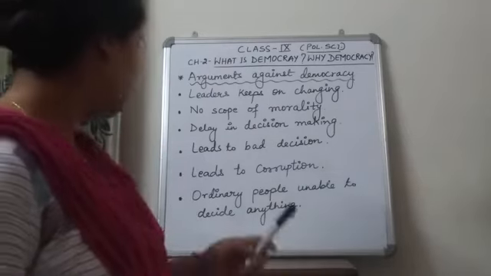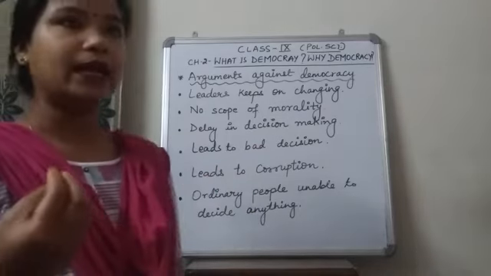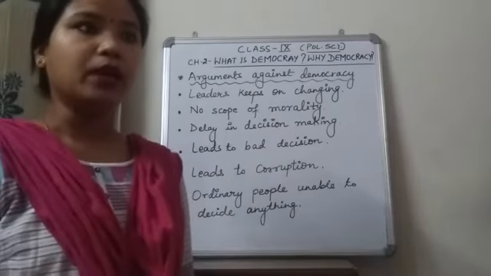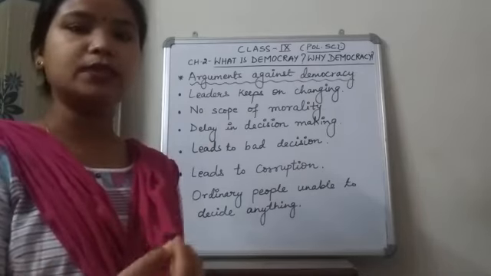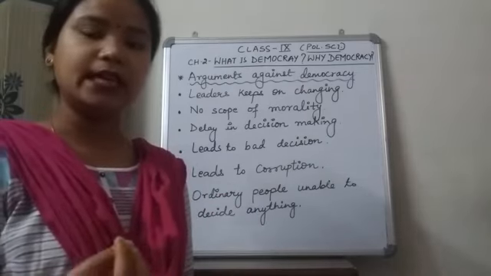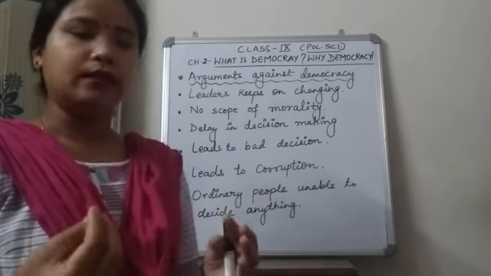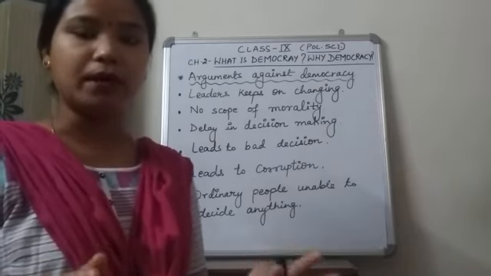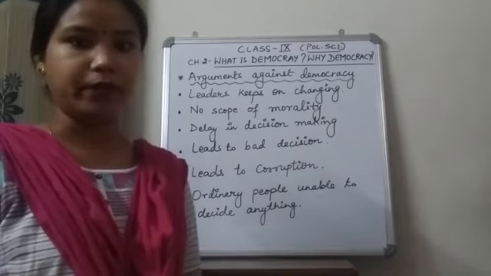Now the third point says that there is delay in decision making. We all know that in a democratic country, whenever a ruler is elected by the people, these representatives, whenever they take a decision, have to ask the people, or have to discuss with the other representatives in the parliament also.